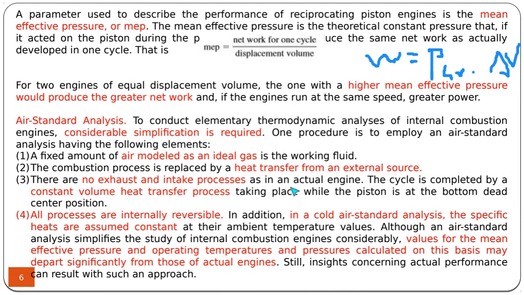In order to analyze the system, we can use it as a starting point. On the other hand, the air standard that uses the air tables, which takes into account the change in specific heat, gives you much more realistic results.